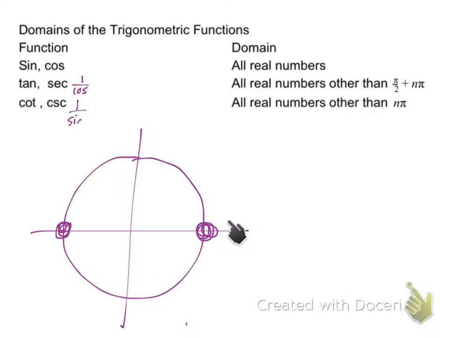Wait a minute, let's start going the other way. Negative 1 pi goes backwards this way. I am in the same spots, right? What's the term for that where I end up in the same spot on the unit circle?